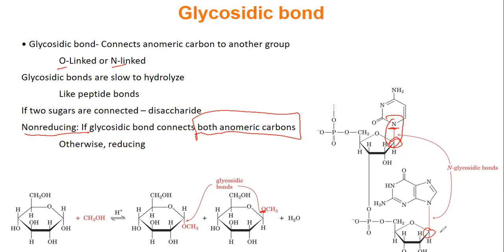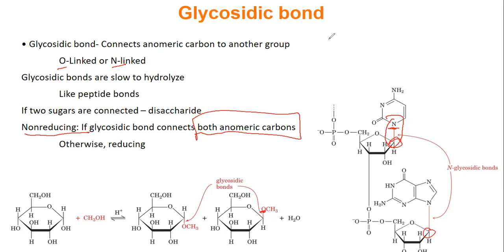So technically, they would be non-reducing. You wouldn't really use that terminology, though. That terminology is really used if sugars are connecting to each other, but you can use that same idea. Are my anomeric carbons in a bond? If so, non-reducing. It applies to sugars being connected, yes.